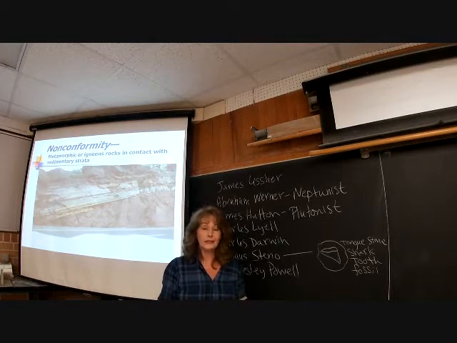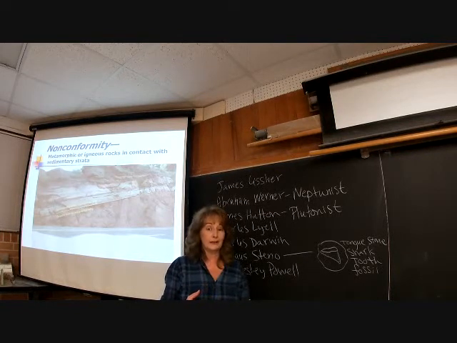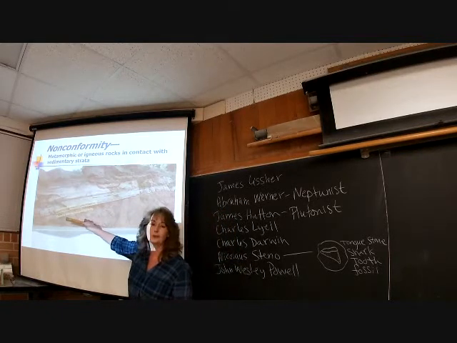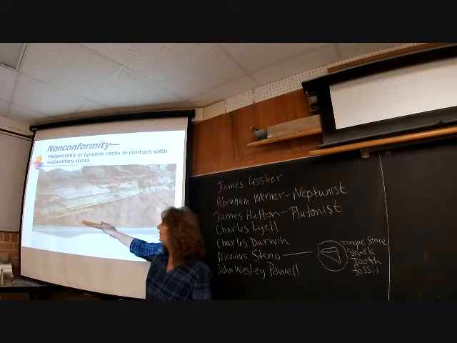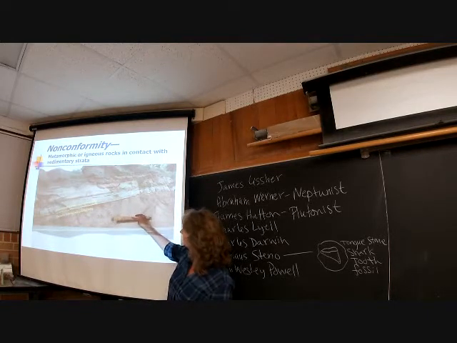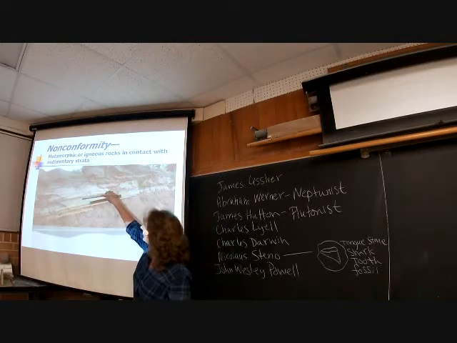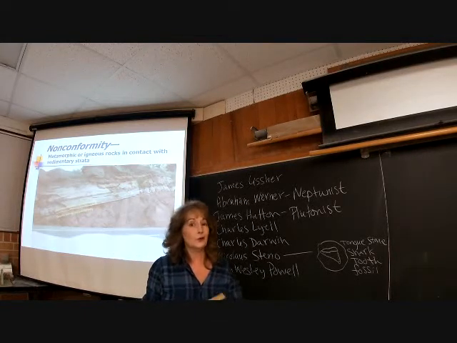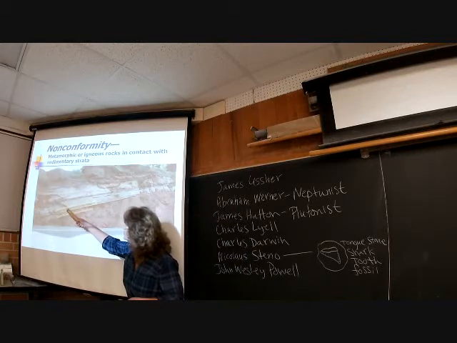Then one called a nonconformity. Now the nonconformity is when you have some sort of igneous material, or it could be metamorphic, but it's an older event. So here we have granite, which is an igneous rock, if you recall that. Here we have the granite, and then it's overlain by the younger sedimentary strata. So we've got some sandstone in this one.